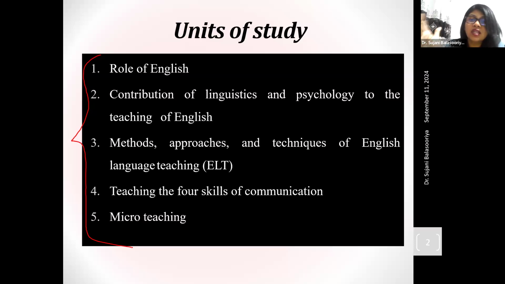So teaching English is still the common umbrella term, the broader term, but inside that we have TESL, for example, that means teaching English as a second language, and TEFL, teaching English as a foreign language, and TESOL, that means teaching English to speakers of other languages.